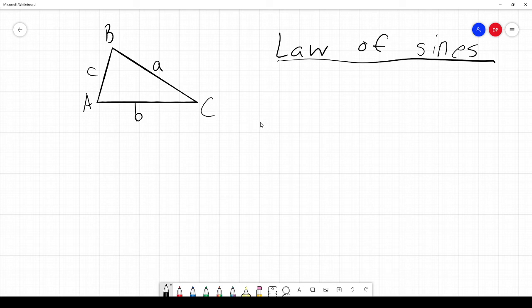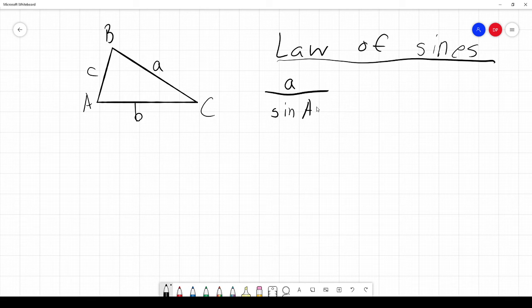The law of sines says that the ratio of the length of a side to the sine of the opposite angle is going to be equal for all the sides and angles of any triangle.